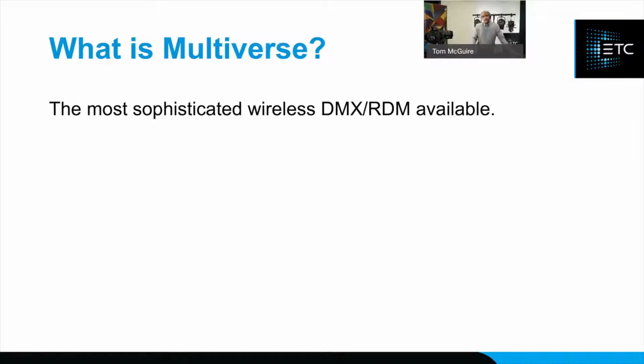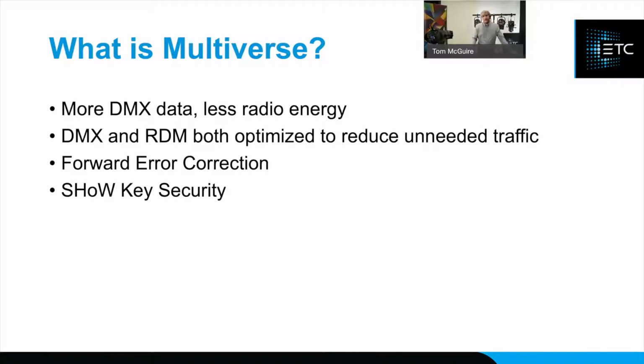But multiverse is the most sophisticated DMX and RDM wireless technology available. A huge amount of R&D work has gone into getting as much data down over the wireless as possible, and it's very clever in the way it does that. So it gets more DMX data down, we use less radio, and we are getting RDM traffic back as well.